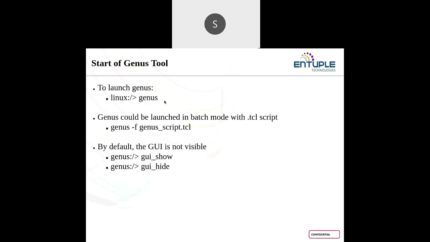Genus is a command I'm invoking to start up. I'll be typing the command in the terminal to invoke the Genus solution tool from Cadence. One way, directly for the beginners, if you are not familiar with all the commands, is to directly invoke the genus command and start up.